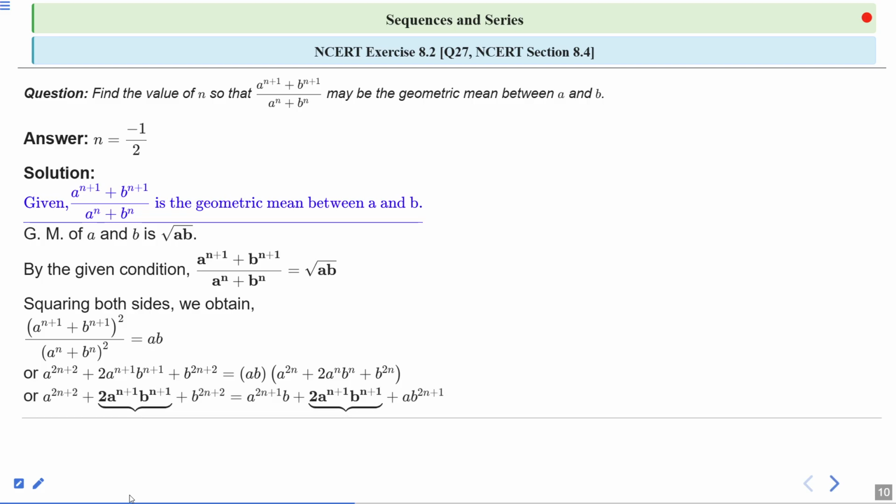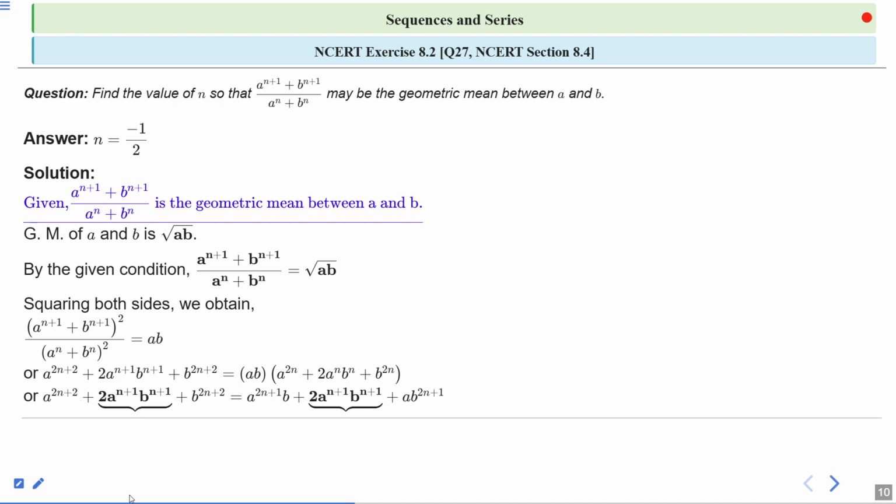So here we will get a^(2n+2) + 2 a^(n+1) b^(n+1) + b^(2n+2) equal to a^(2n+1) b + 2 a^(n+1) b^(n+1) + a b^(2n+1).